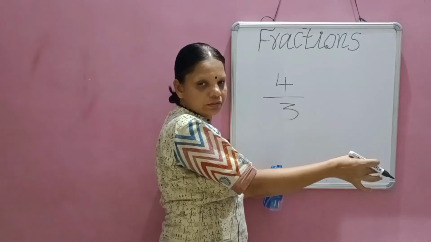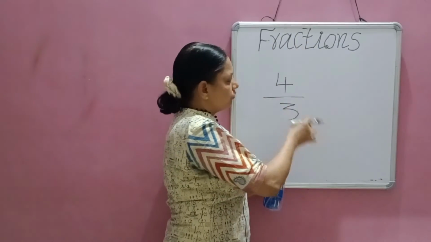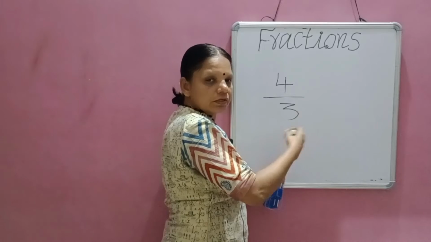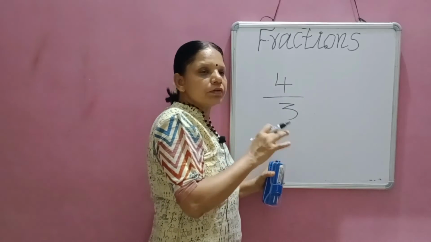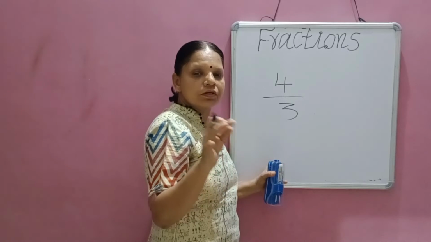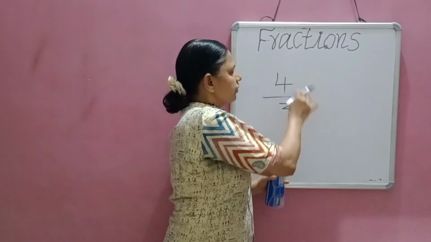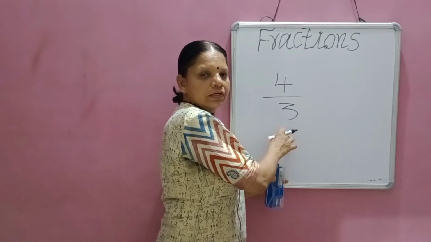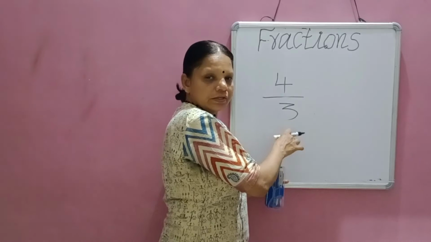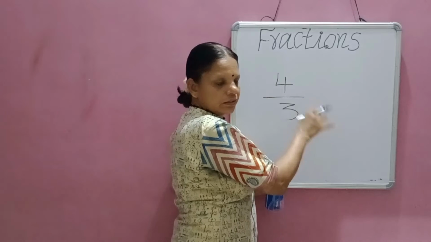But it is not an integer. This is also a fraction. So what will be its value? This fraction will be in between two consecutive integers. Clear? Its value is definitely greater than 1 when the numerator is greater, but it is not an integer.